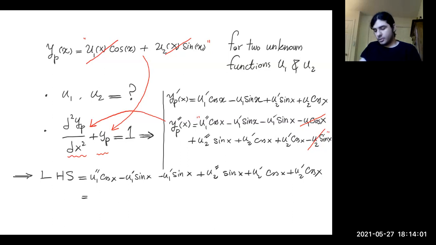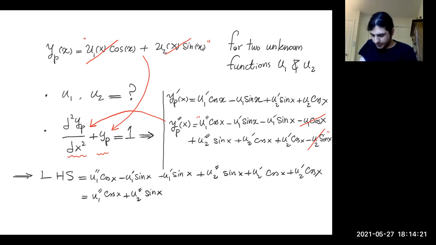It would become equal to the second derivative of u1 cosine of x plus the second derivative of u2 sine of x.